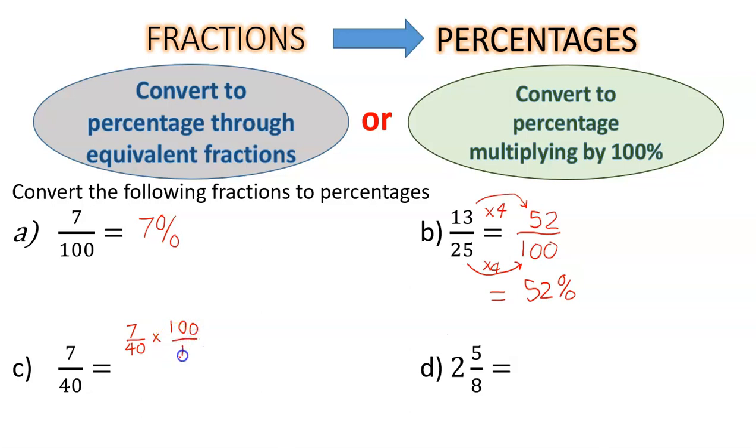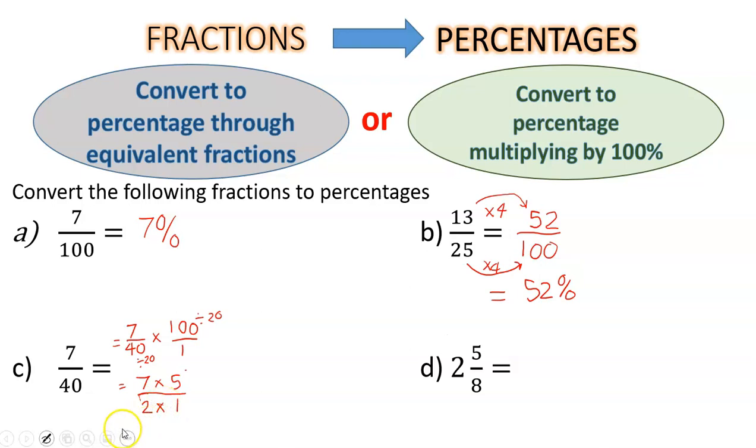Again, we're going to multiply it as a fraction, so I'm going to put it as 100 over 1. Okay. The next thing I would do is, can I simplify? Now I know diagonally I can simplify because I can divide by 20. So if I divide by 20, and I can also divide by 20, what I end up with is 7 times 100 divided by 20, so that's 5, over 40 divided by 20, 2 times 1.